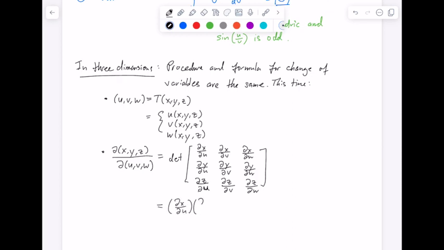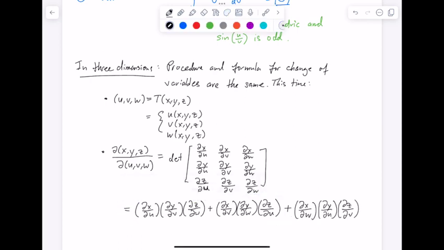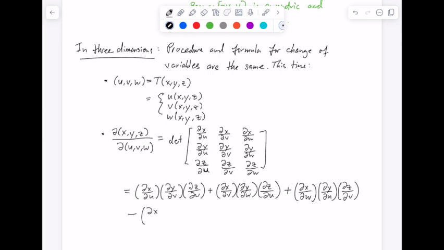So remember that when you're asked to find the determinant of a 3 by 3 matrix, in this case particularly the Jacobian, the formula really consists of adding together the products along the main diagonals as follows.